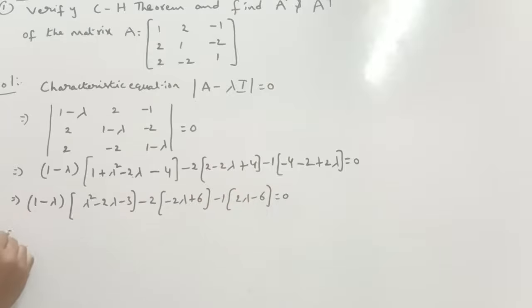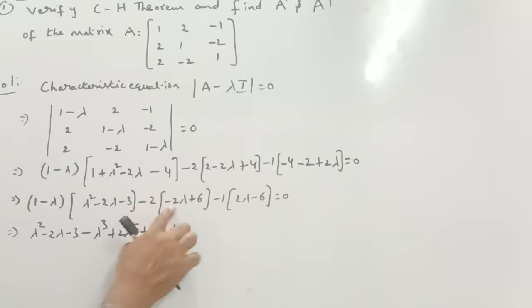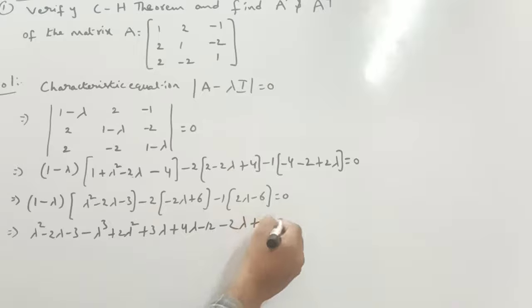Next again multiply this with 1. So if I multiply here, lambda square minus 2 lambda minus 3 multiplied by 1 minus lambda gives minus lambda cube plus 2 lambda square plus 3 lambda, then plus 4 lambda minus 12, minus 1 into 2 lambda plus 6, is equal to 0.